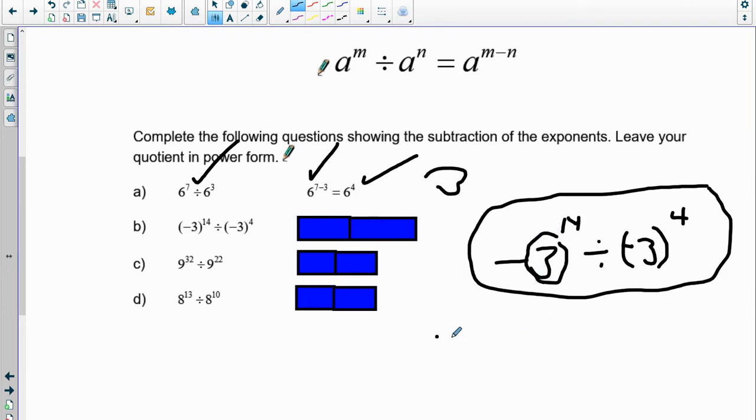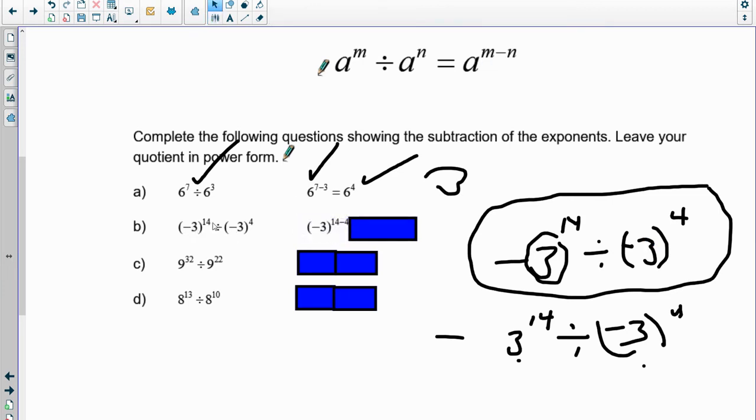So this is a subtract 3 to the 14 divided by negative 3 to the 4. The bases are not the same here. You have to keep the brackets in the expression. Now, take a look. We have negative 3. We subtract 14, take away 4, which gives you negative 3, including the brackets, to the 10. 14 take away 4 is 10.